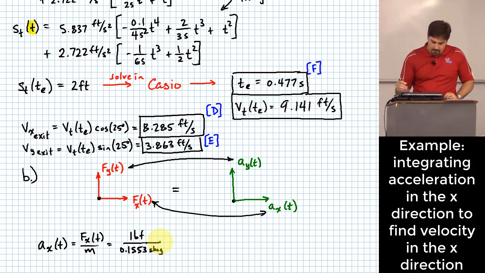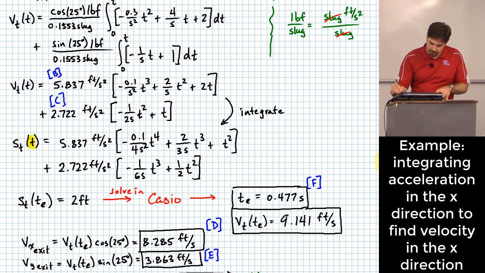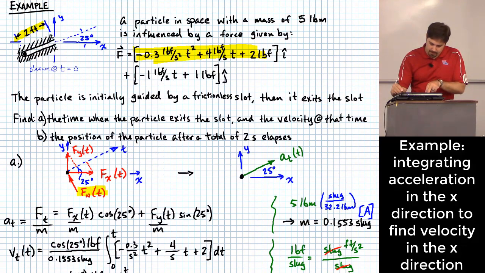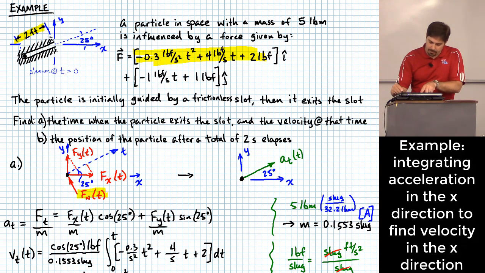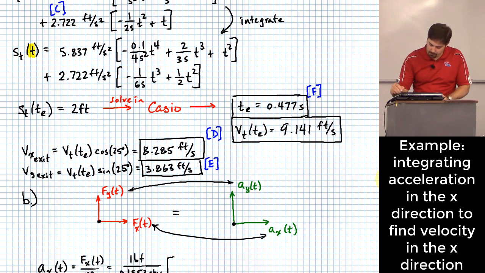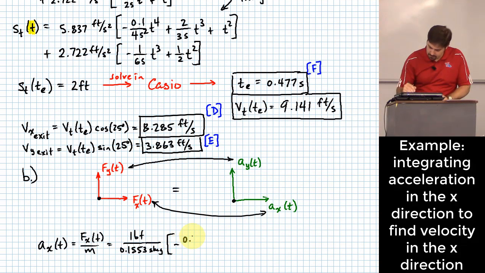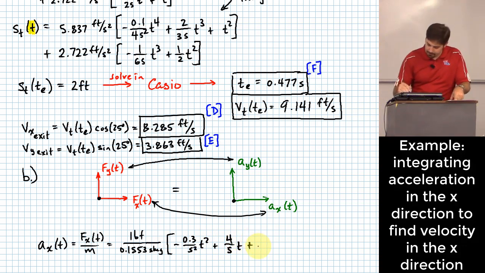This is going to be multiplied by the expression that I have for force, which was way up here: negative 0.3 t squared plus 4 t plus 2.